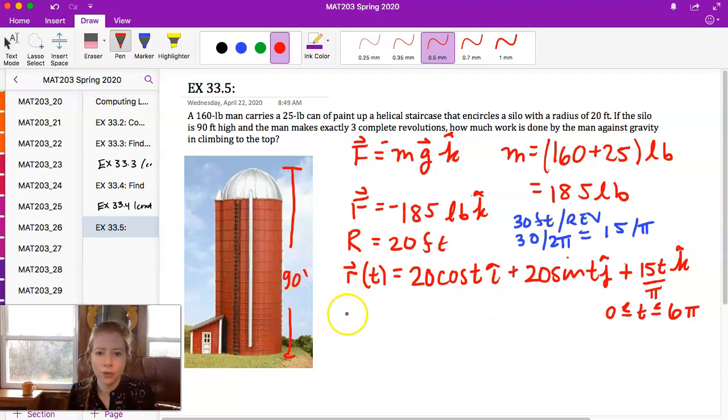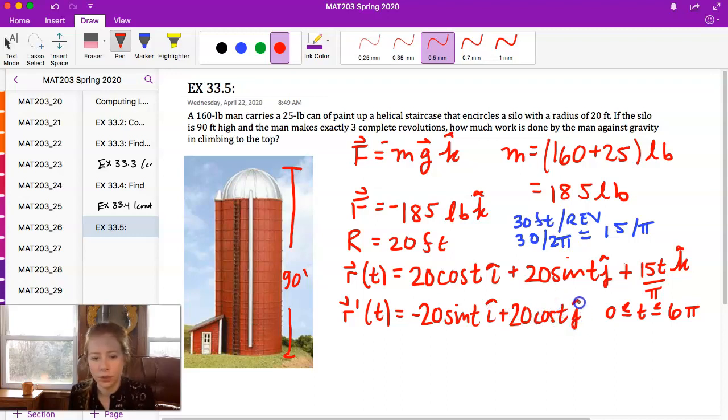So then our derivative is going to be minus 20 sine t i hat plus 20 cosine t j hat plus 15 over pi k hat.